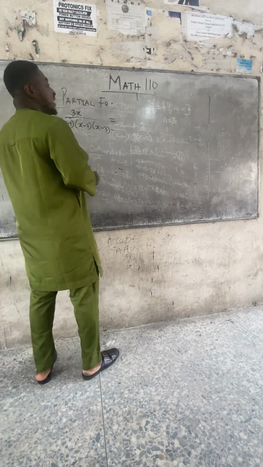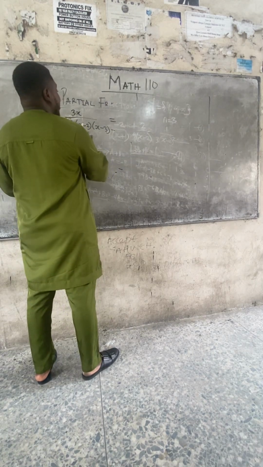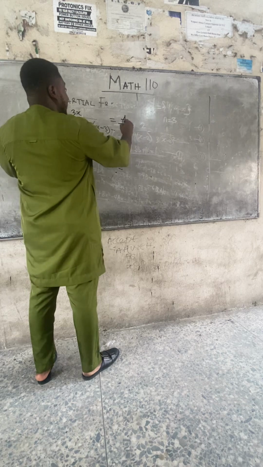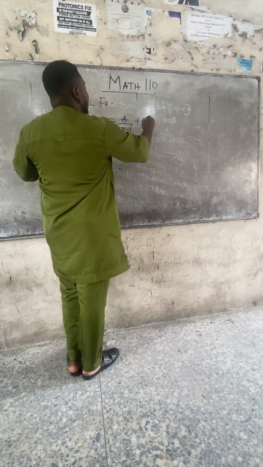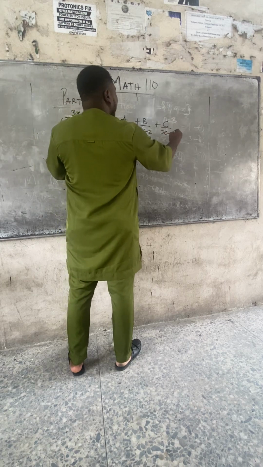Class, what kind of partial fraction is this first? Linear factor, right? But we have 3 denominators, so it's going to be a all over the first denominator x minus 1, plus b all over the second denominator x minus 2, plus c all over the third one x minus 3.